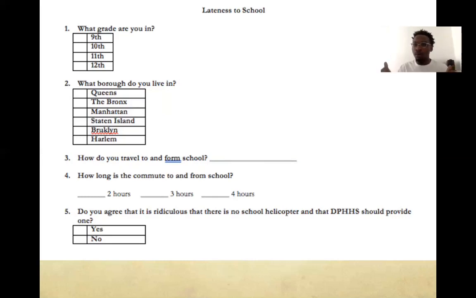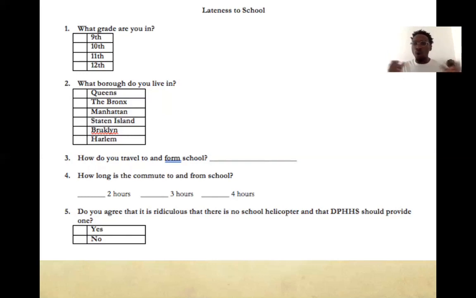Before I go, I want to quickly look at questions 4 and 5. Even though there's no real error, these two are not the best questions. Looking at question number four, the options are too restrictive. If I was writing this survey, I would give an option for less than 1 hour and an option for 4+ hours.